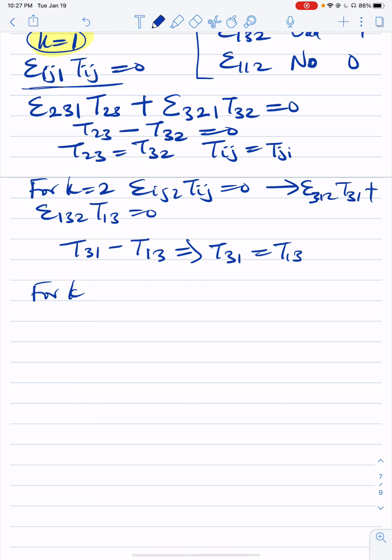And for k equals 3, it's basically the same thing. T_{ij} equal to 0, right?